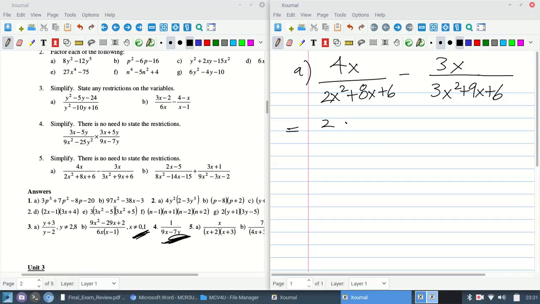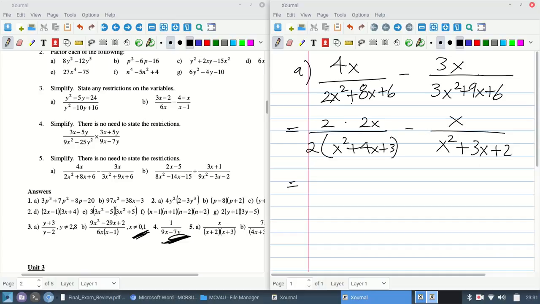So 2x, and there's going to be 2 x squared plus 4x plus 3, minus, and then I'm just going to go ahead and cancel the 3's here because it's easy. So out of the first term, it's going to be x squared plus 3x plus 2.